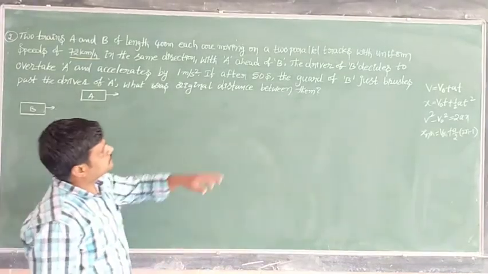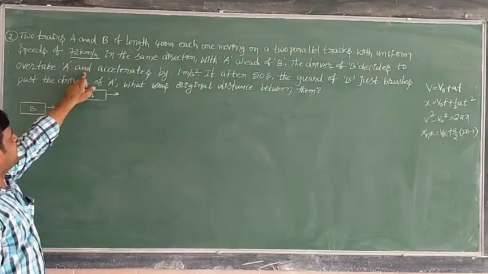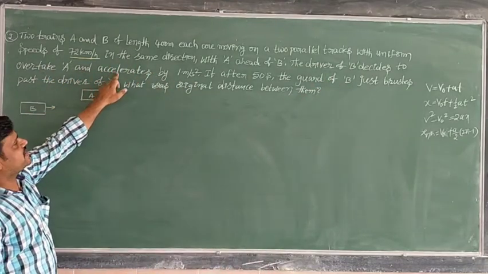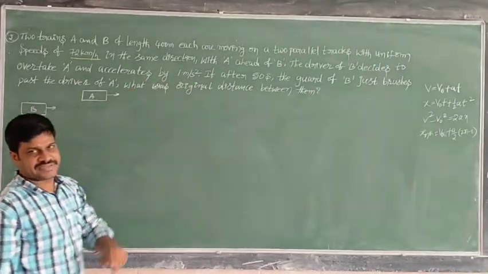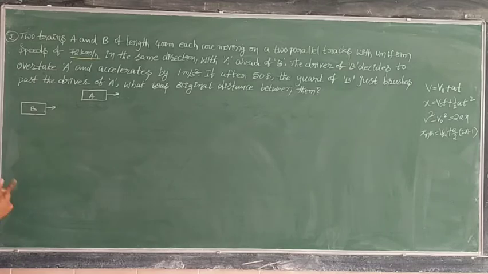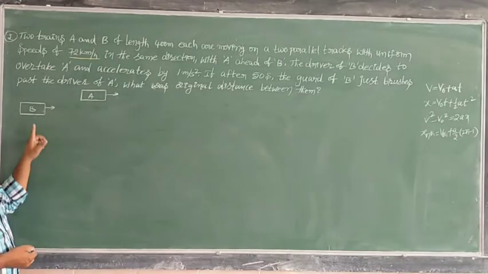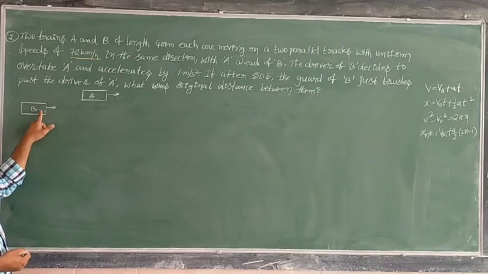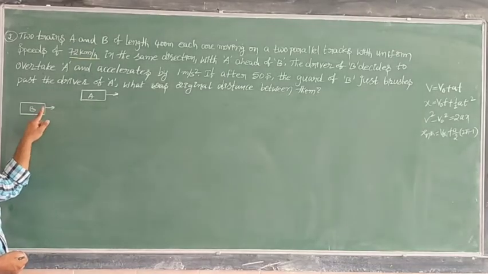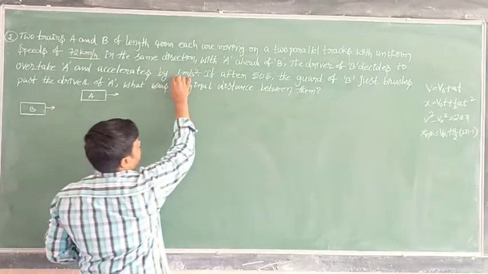Thereafter, the driver of B decides to overtake A and accelerates by 1 meter per second square. That means the driver of B decided to overtake this train, so train B's driver accelerates his train by 1 meter per second square.